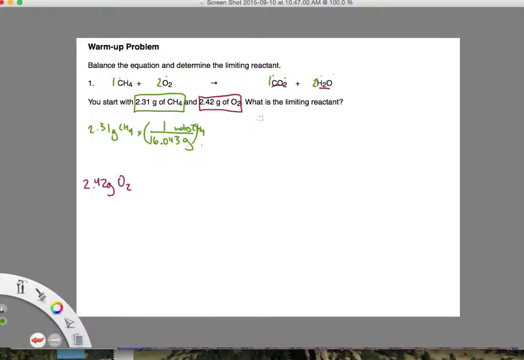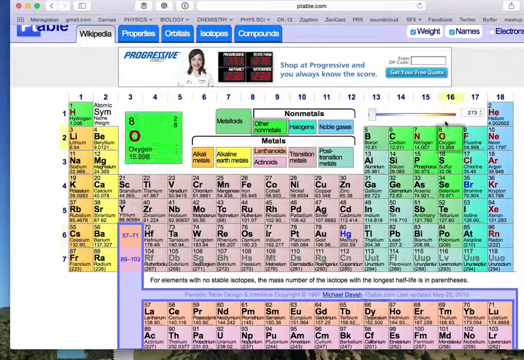Now I'm going to do exactly the same thing down below for oxygen. So oxygen, I'm going to change that into moles of O2. So 1 mole of O2 is how many grams? Again, go back to ptable.com. Pow.